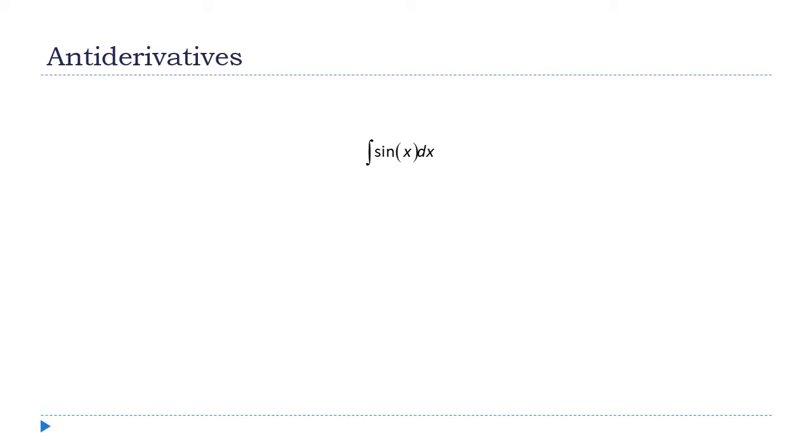A lot of the time when we're looking to find an integral, you're running through functions in your head saying, okay, what works? Well, the derivative of the cosine is the sine, so I'm thinking maybe capital F of x equals cosine. But if you check this out, F prime is minus sine of x, which is not what I have.